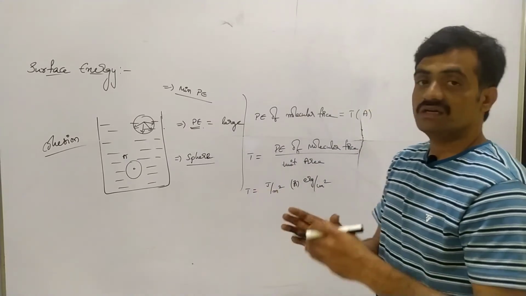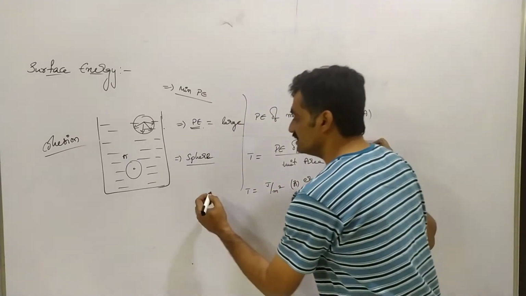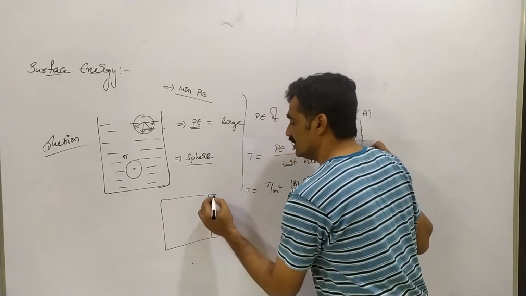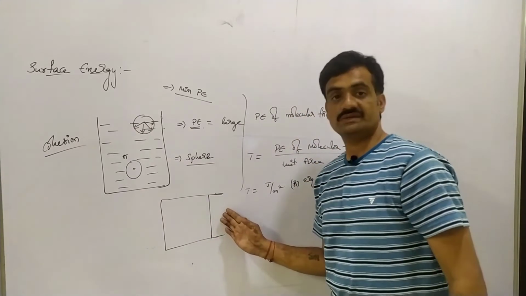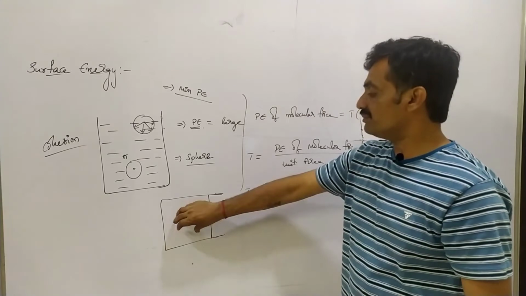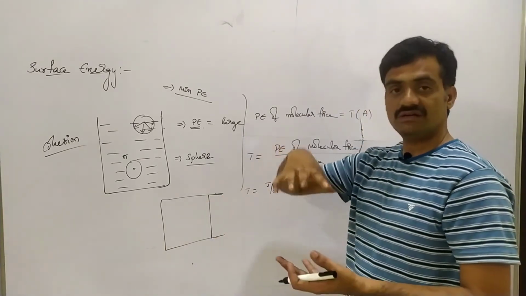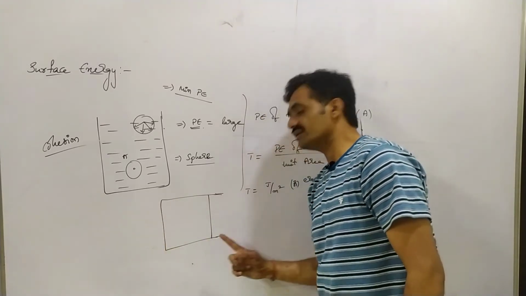We can also derive the expression for surface energy by considering a U-shaped wire with a slider present at this point. When we dip this U-shaped wire into the soap solution, a soap film will be formed on the wire.